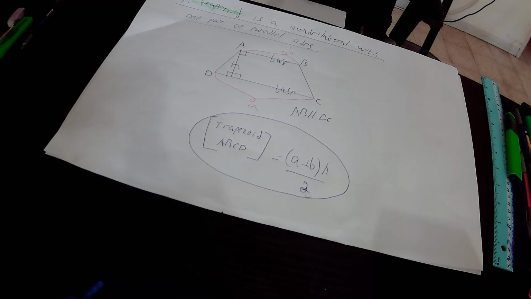And the two parallel sides, that is to say side AB and side DC, are defined as the bases of this trapezoid.